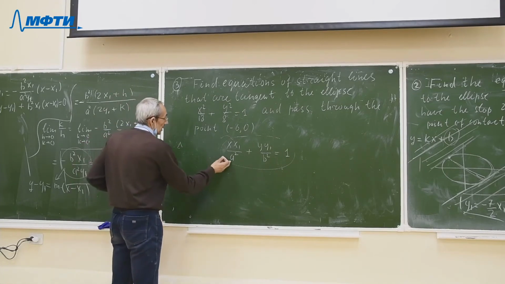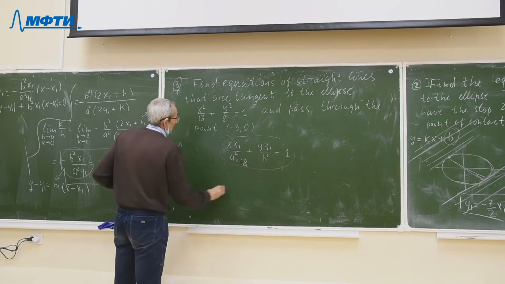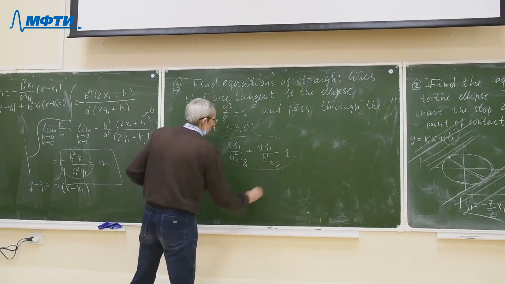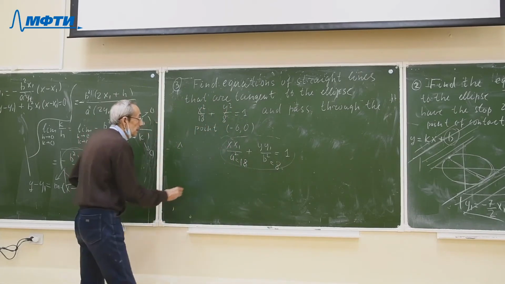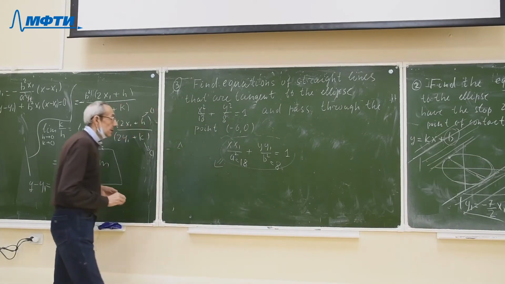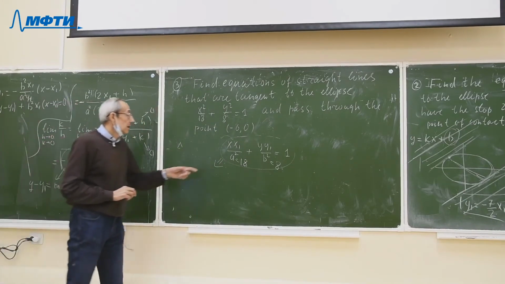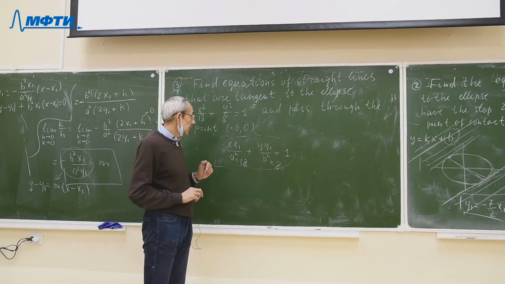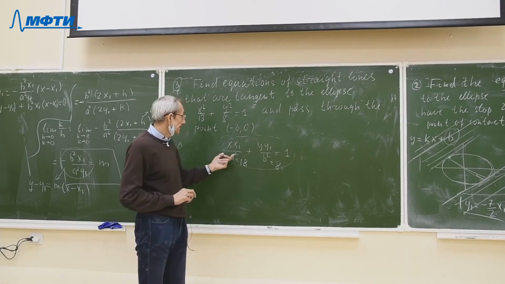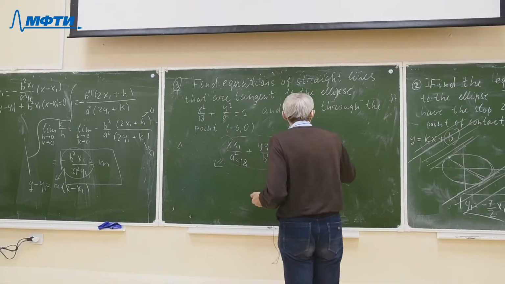In this equation, a square is equal to 18, b square is equal to 8, and we obtain the following relation between the coordinates of point P.